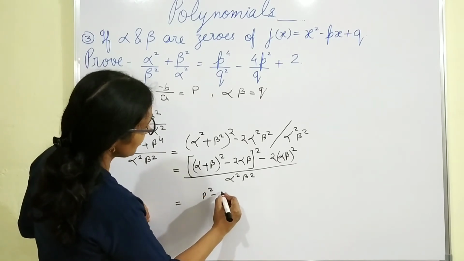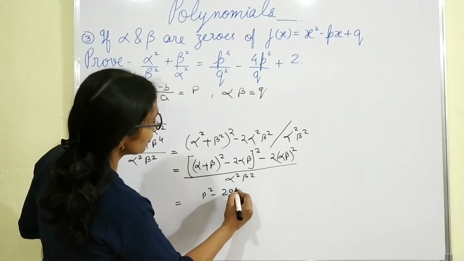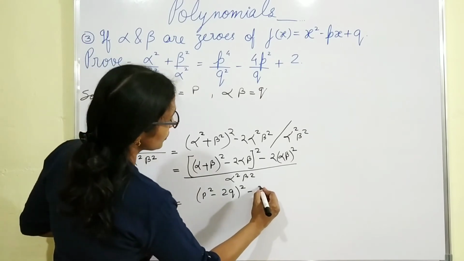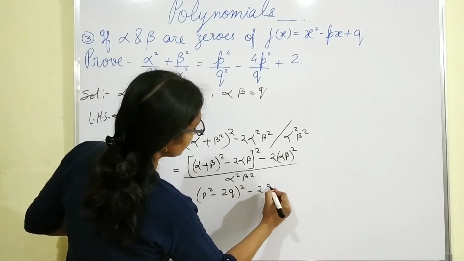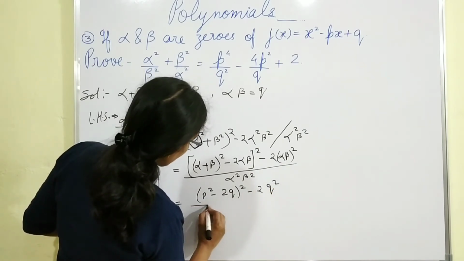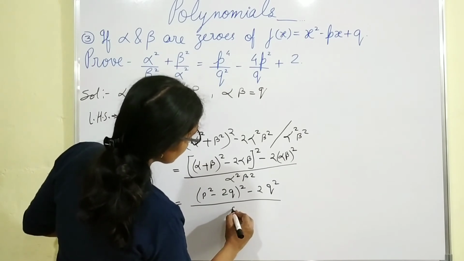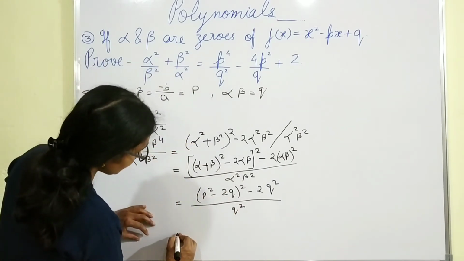P square minus 2q whole square minus 2 alpha beta whole square means q square, upon alpha beta whole square means q square. Now we will expand this.